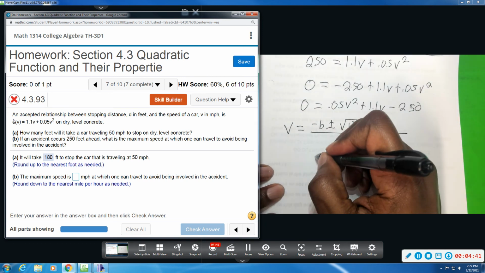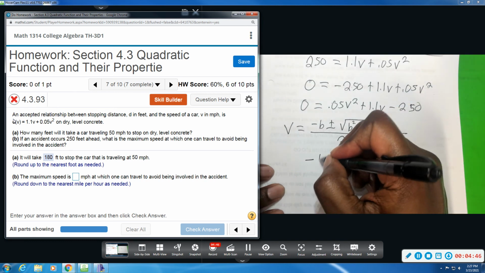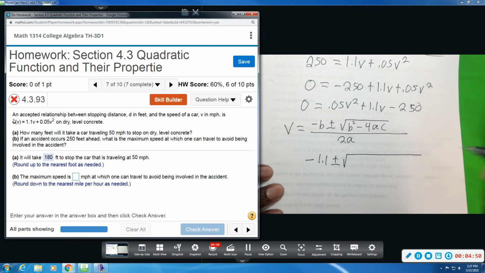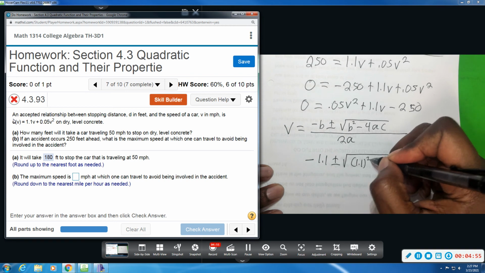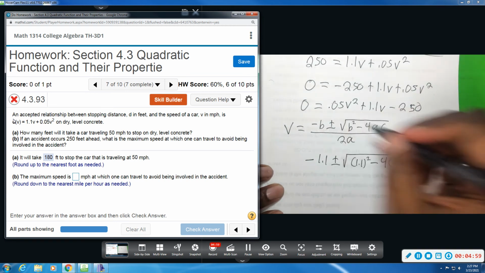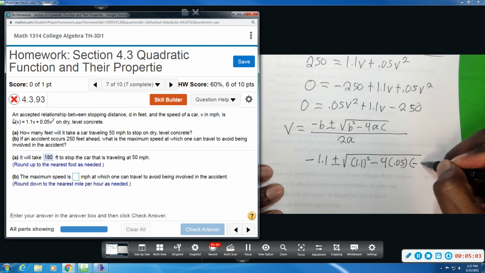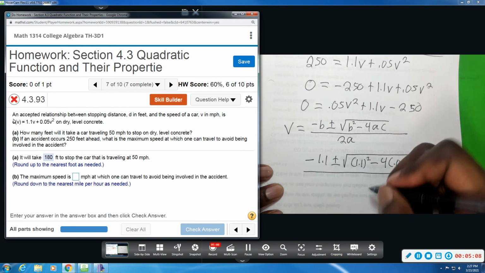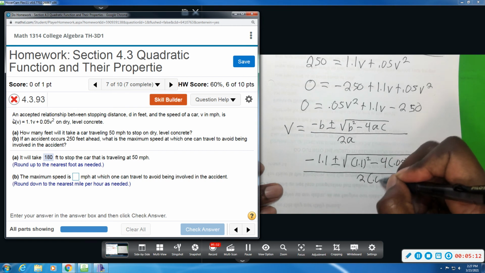So negative B, B is 1.1, so negative 1.1 plus or minus the square root of B squared, so 1.1 squared, minus 4 times A, which is 0.05, times C, which is negative 250. And all of this is being divided by 2 times A, which is 0.05.